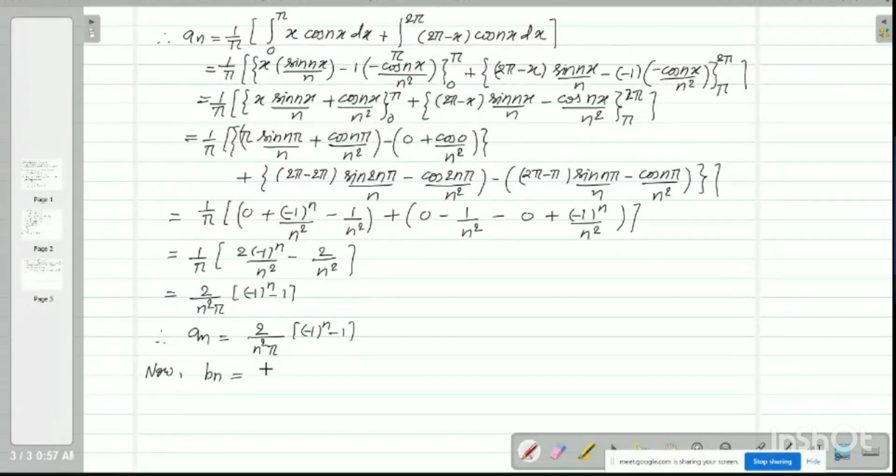b_n equal to 1 by pi integration of limit 0 to 2 pi f of x sine nx dx. Now let us move to the next page. So therefore b_n is equal to 1 upon pi as it is, and split the integral into two parts.